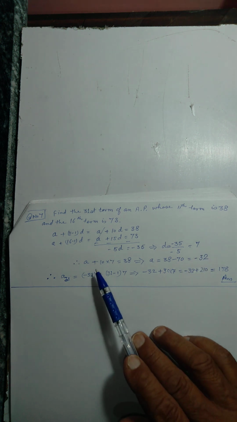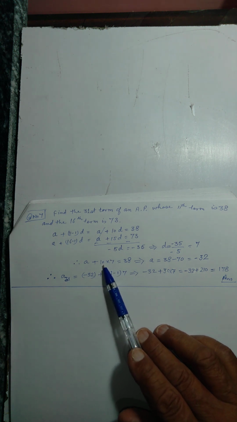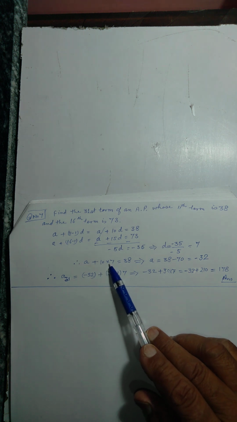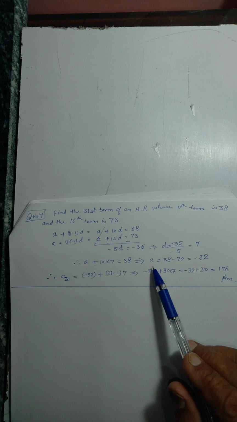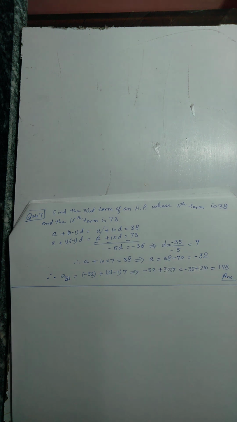Therefore A plus 10 into 7, so put the value of D here in the first equation. So A plus 10 into 7 is equal to 38. So A will be equal to 38 minus 70, that will be equal to minus 32. So we have to find A31, the 31st term.